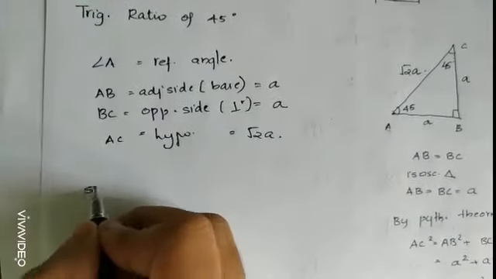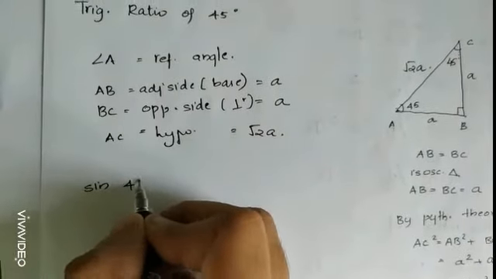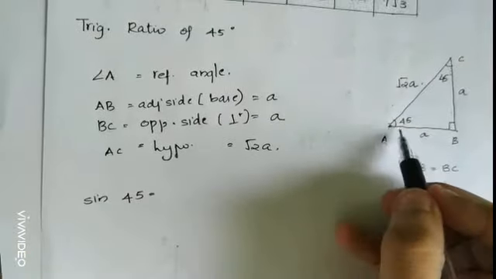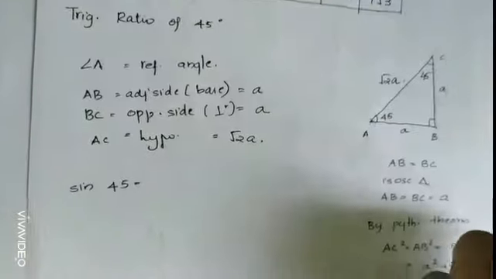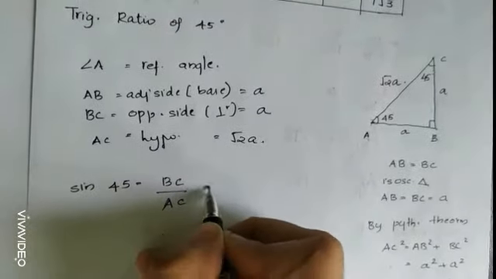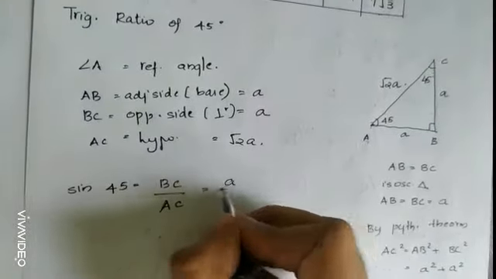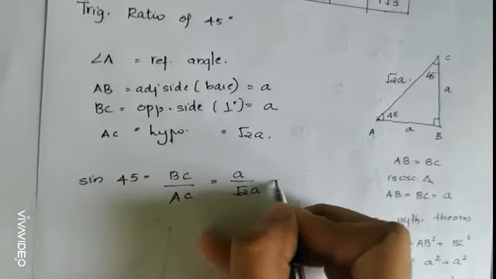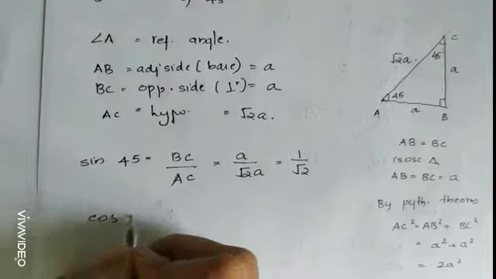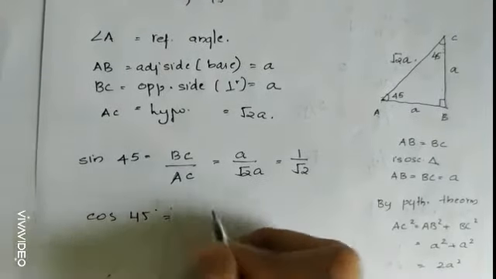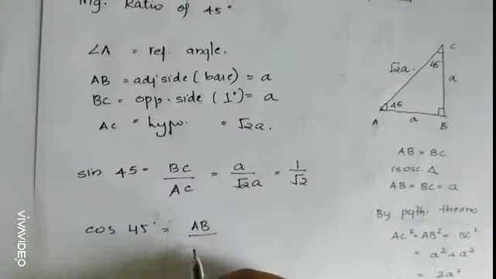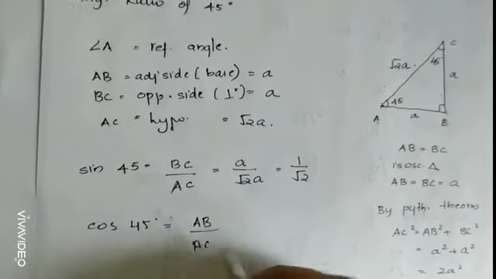Now sine 45 is opposite side of this angle to the hypotenuse. Here opposite side is BC and hypotenuse is AC, so A by root 2A is equal to 1 by root 2. Similarly, cos 45 degree is equal to adjacent side of the angle to hypotenuse AC.